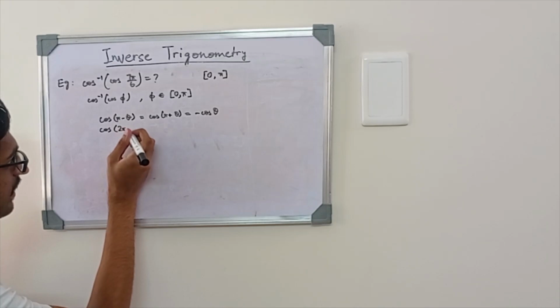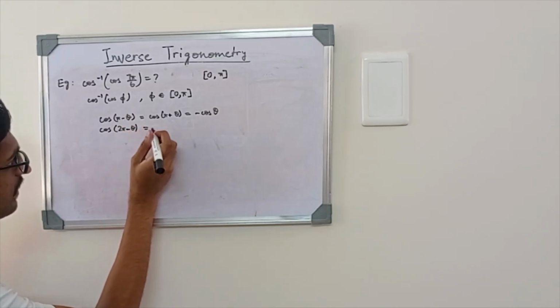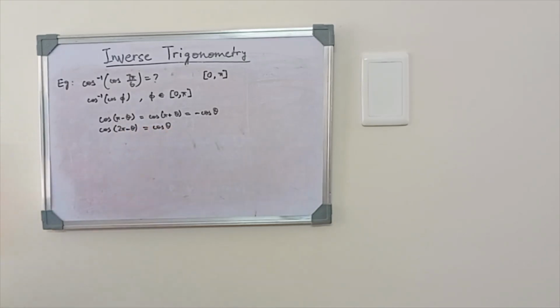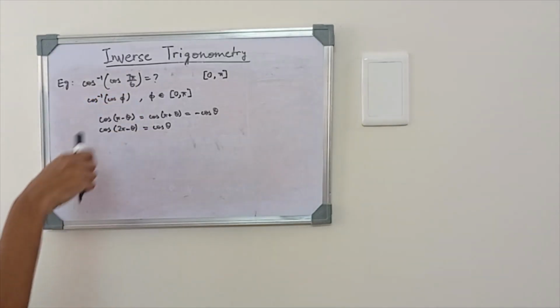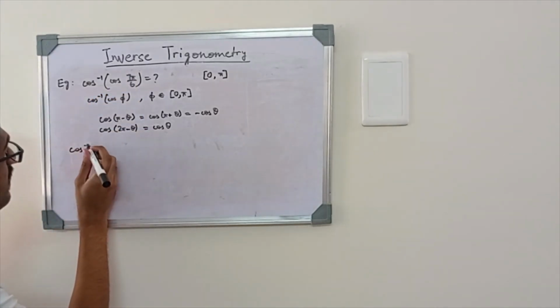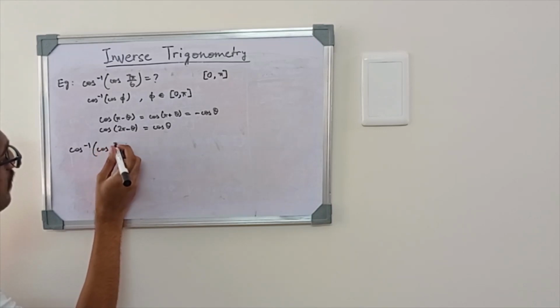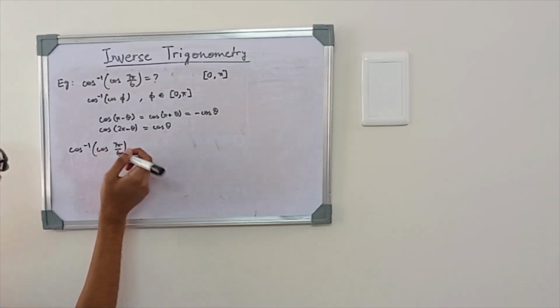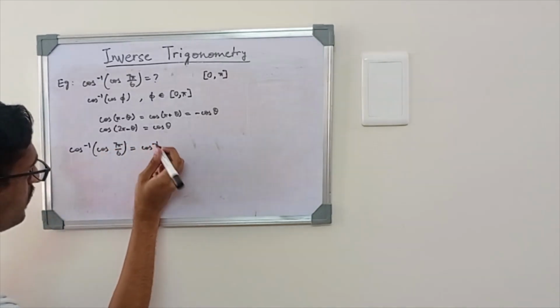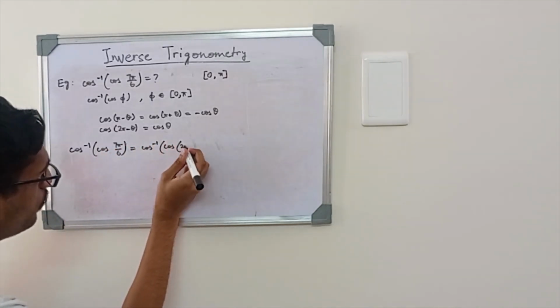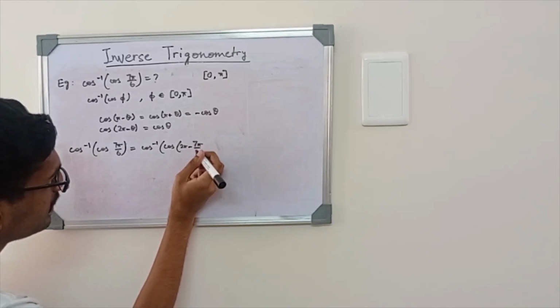We could use another identity, cos of 2 pi minus theta, that is equal to cos theta. So let us try using this identity on this expression. If we call this 7 pi by 6 as theta, then we can write cos inverse of cos of 7 pi by 6. This is equal to cos inverse of cos of 2 pi minus 7 pi by 6.